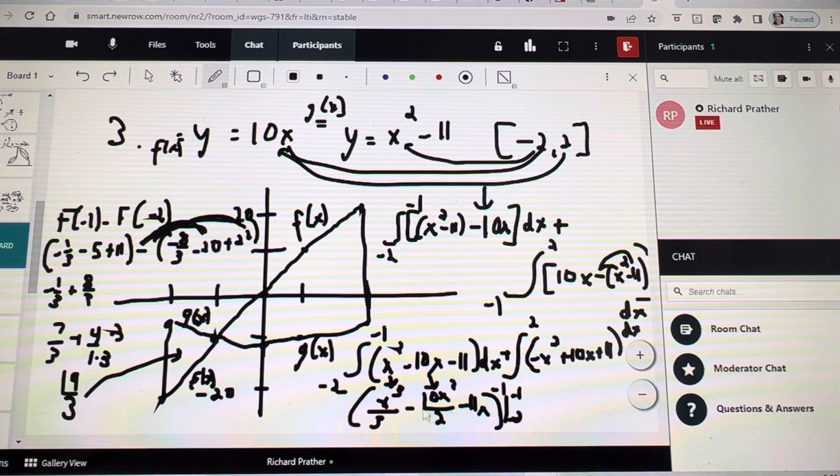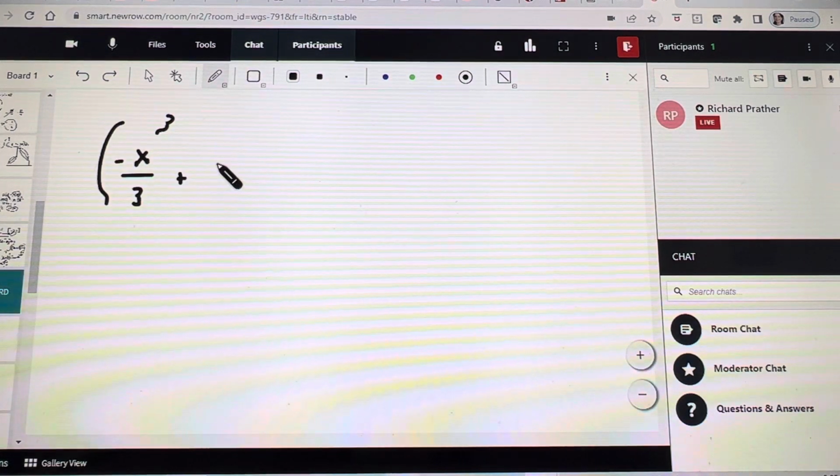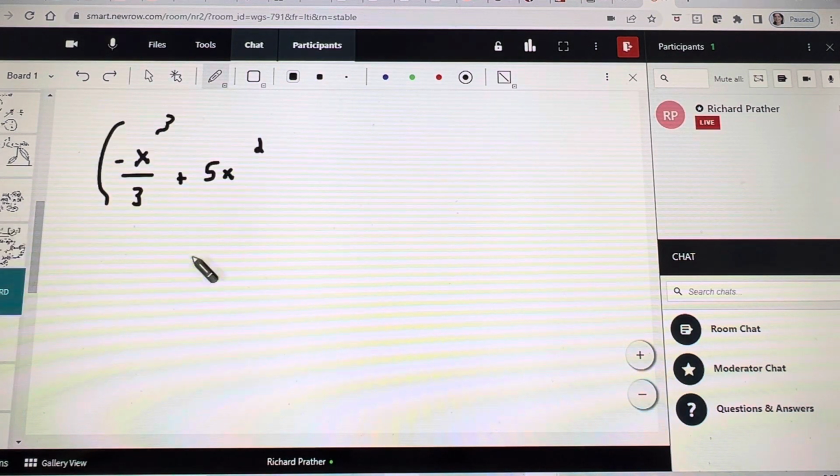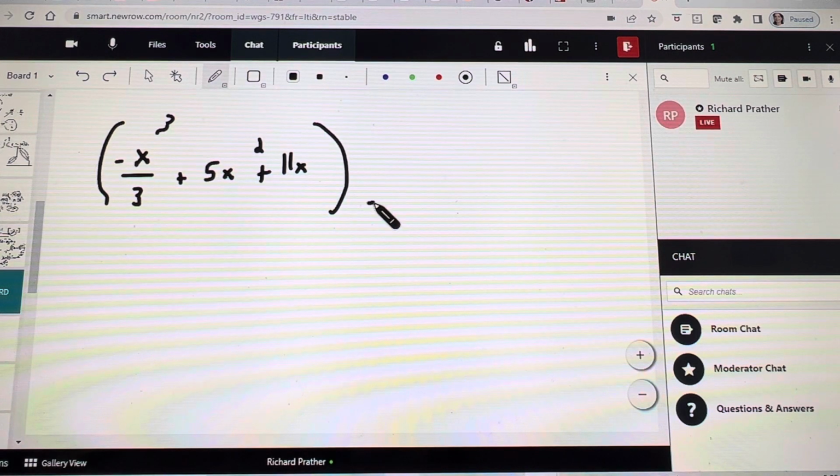There'll be a positive, and I'll make this 5 already, +5x squared. And then instead of -11x, it'll be +11x. And this goes from -1 to +2.